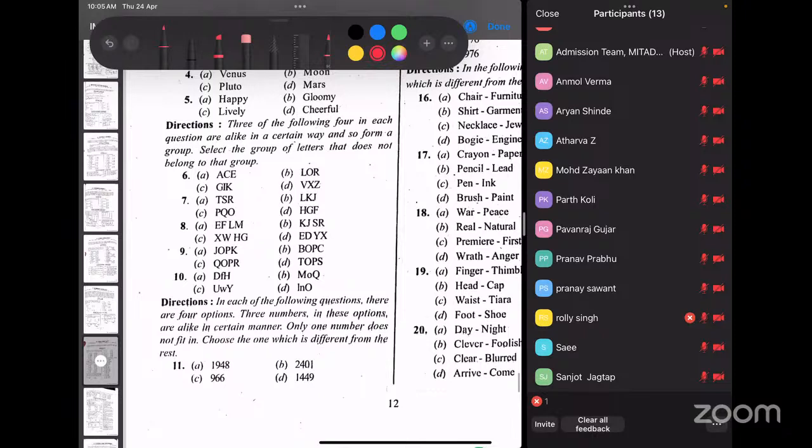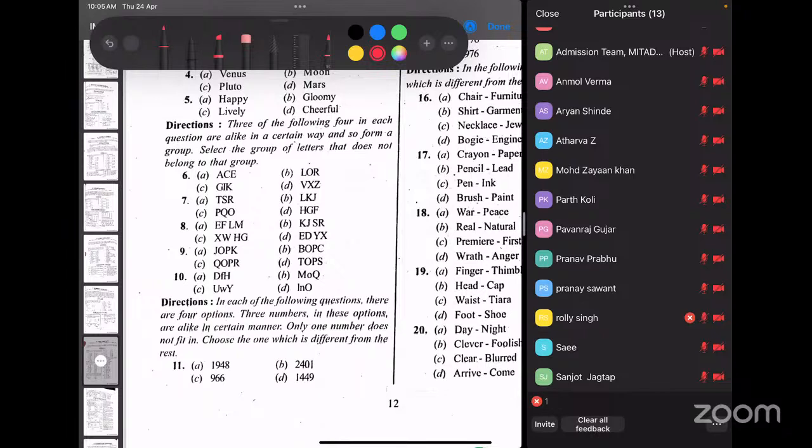Seventh: RST in reverse direction, JKL. Option C, sir. It should be FGH, OPQ.